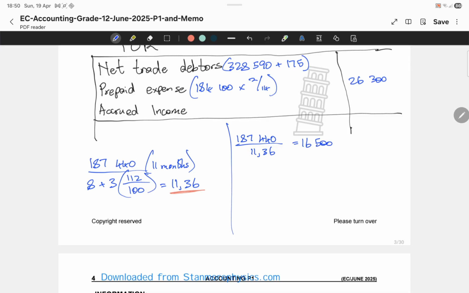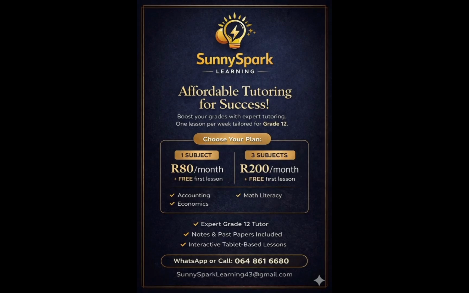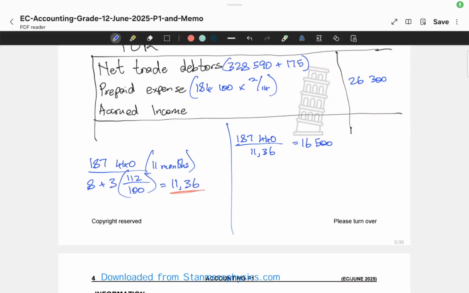Okay, this is for 1 month, and this is the 100%. Okay, now when you got here, after dividing the amount, you must get an amount without commas, which is 16,500. Bear in mind that this is the 100%, because we have divided by the 100.